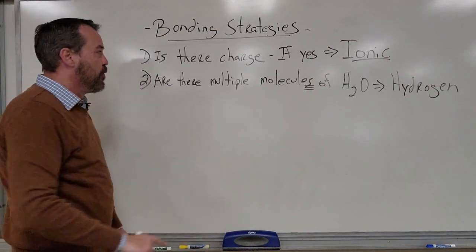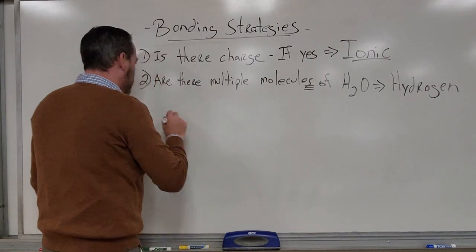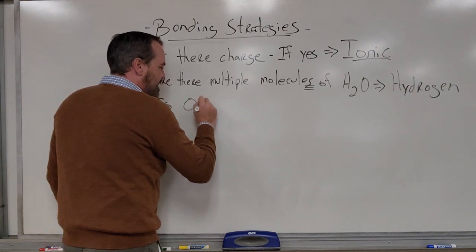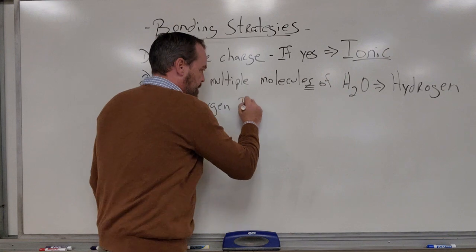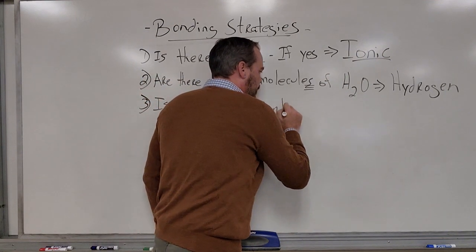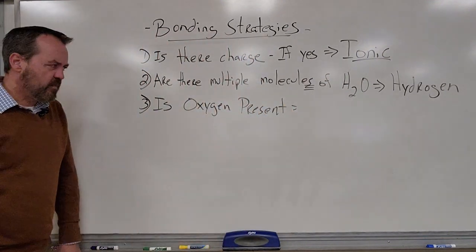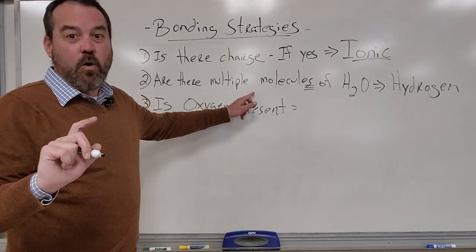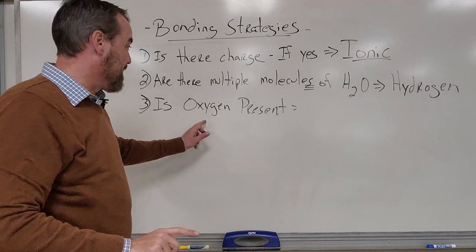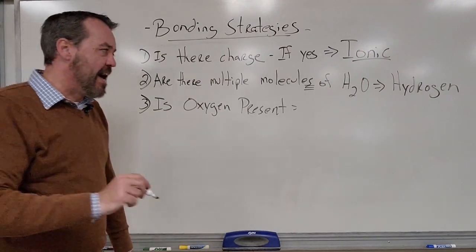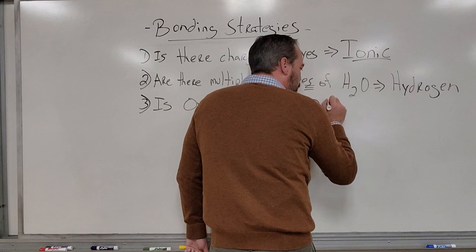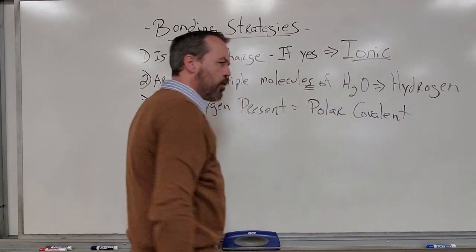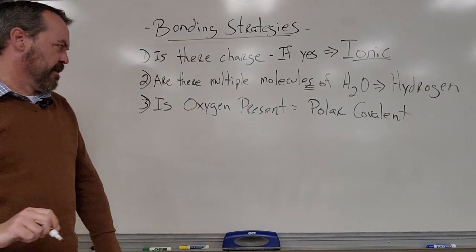But if we still said no, there's not a charge, there's not multiple molecules of water, then we look at number 3. Is oxygen present? Is there a molecule of oxygen? Like in a single molecule of water, there is one oxygen. So is oxygen present? If the answer is yes, then this is a polar covalent bond.